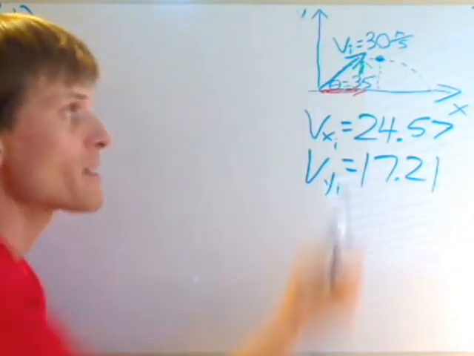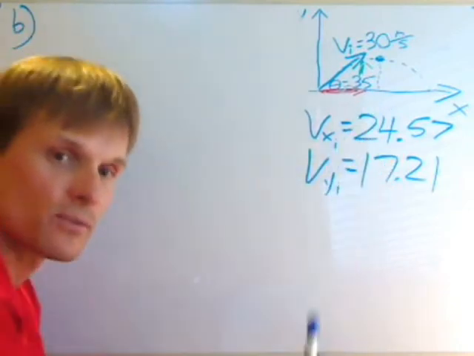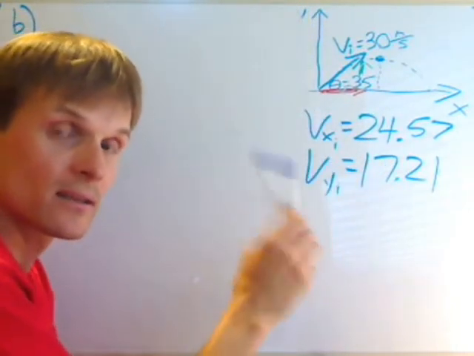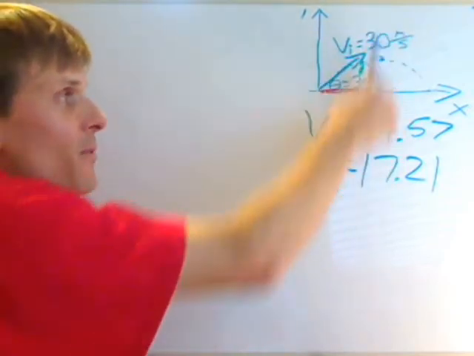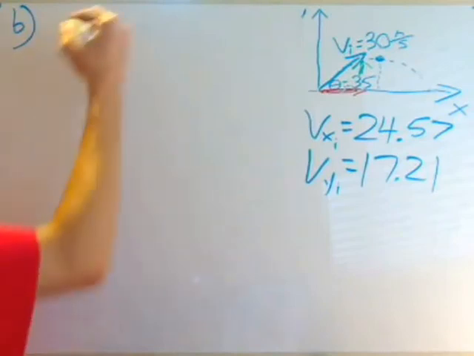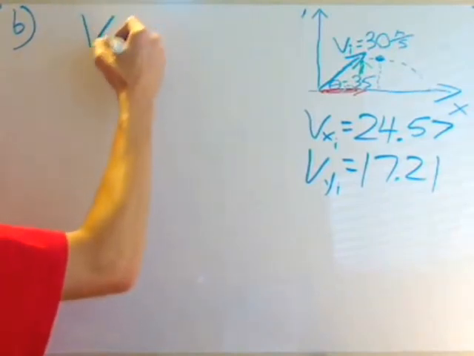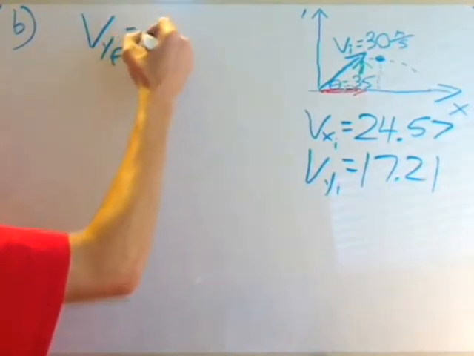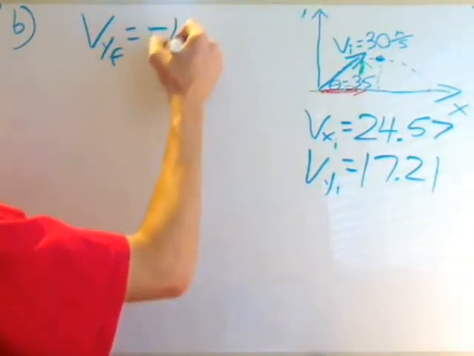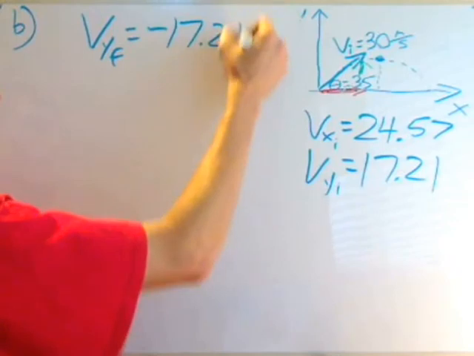We can do that for this problem, even though we're not throwing it straight up, because you can completely separate y motion from x motion. So our final y velocity when that projectile hits the ground is negative 17.21 meters per second.